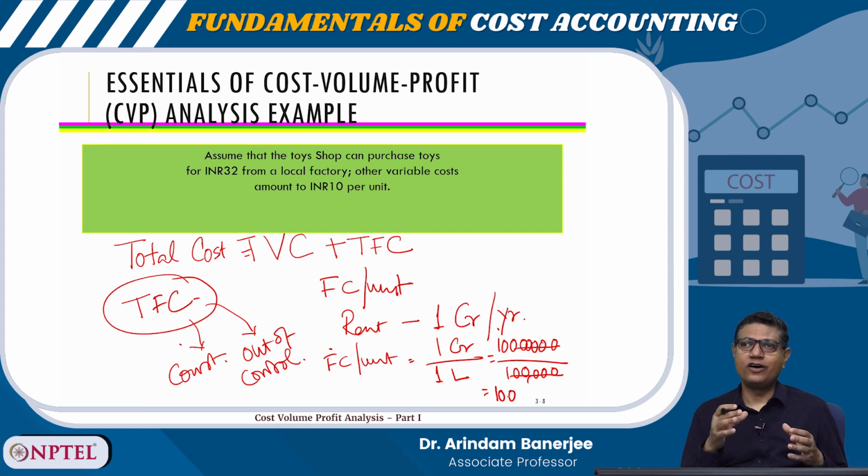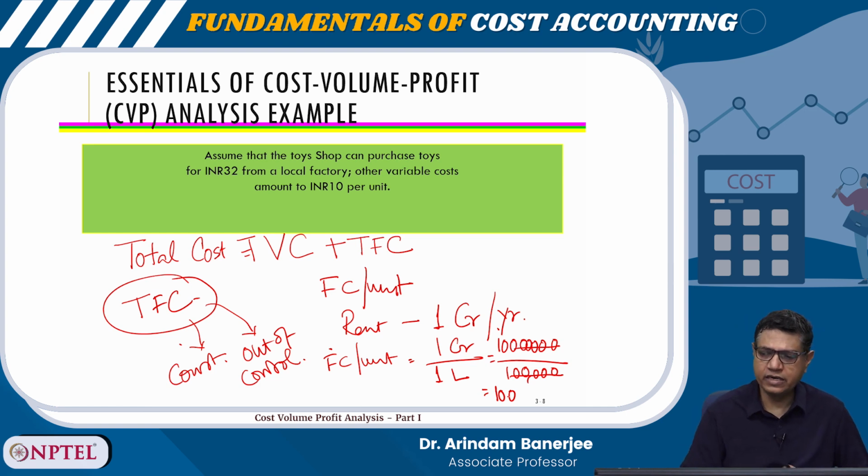Total fixed cost remains same with the change in level of production, but the fixed cost per unit comes down. Okay, fine. Because this variable cost is under control and total fixed cost we cannot control. So, this is the way we can understand how the cost behaves, right. We will show it later on in a graph, how we can calculate the break even point depending upon the level of variable cost and level of fixed cost in the total cost structure.